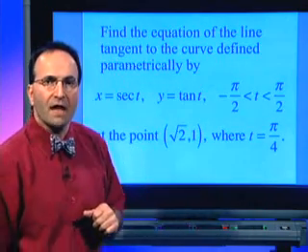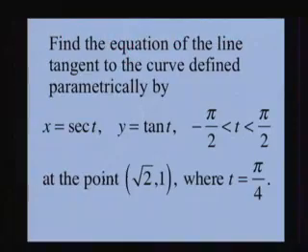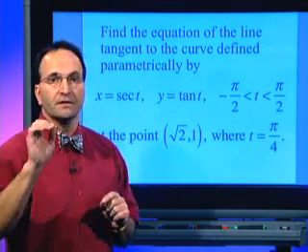Find the equation of the line tangent to the curve defined parametrically by x equals secant t, y equals tan t, where the range for t is negative pi over 2 to pi over 2, at the point square root of 2 comma 1, where t is equal to pi over 4. So we need to find the derivative using that formula for parametric derivatives.